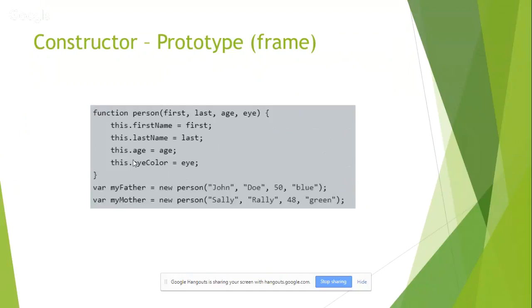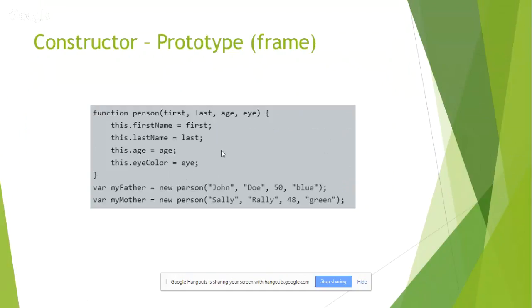You'll also notice in this function that there's the word this in front of each of the properties inside of the prototype. Basically what the this keyword is used for is, oftentimes you might see the same variable name used in the parameters as the property.